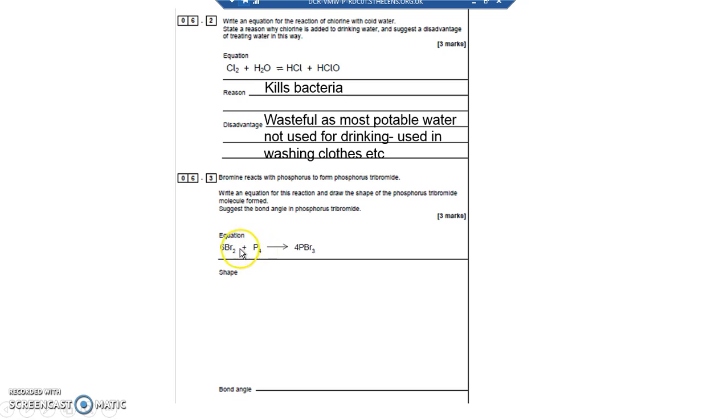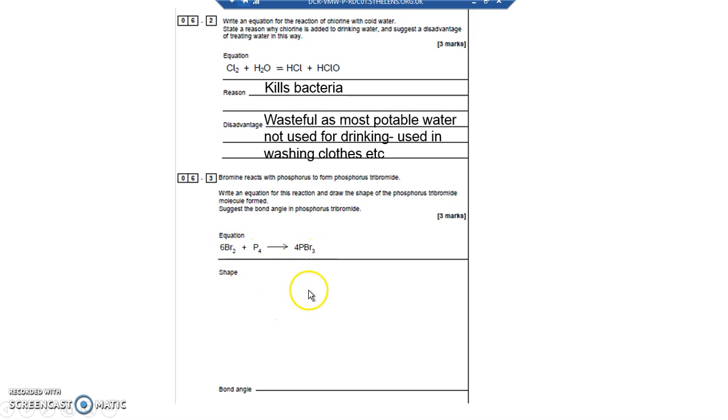So Br2 and P4. It says it makes phosphorus tribromide, PBr3, 3 Brs, and therefore for P4 you're going to need 4 PBr3s to balance the 4 Ps, and 12 Brs, so you need 6 Br2s.